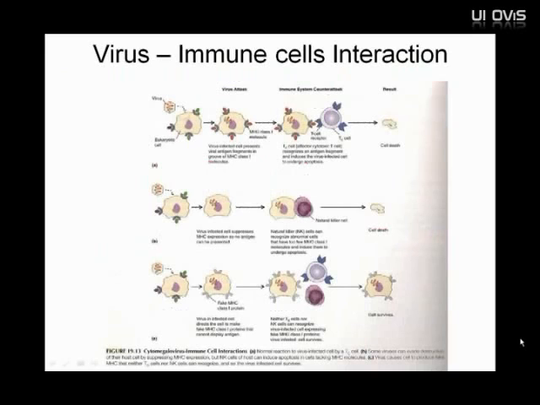As I told you before, the interaction between virus and the immune cells will produce three kinds of conditions. The first one is if the immune system, especially the cellular immune response, successfully kills the virus, then the entry of the virus will not produce any disease.